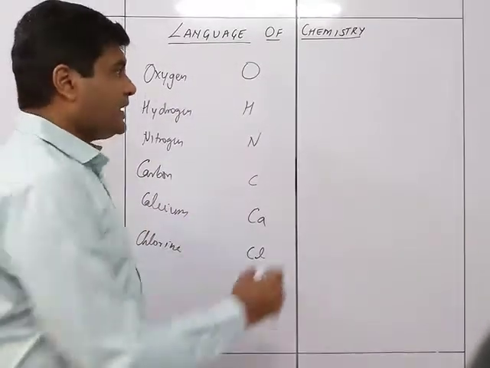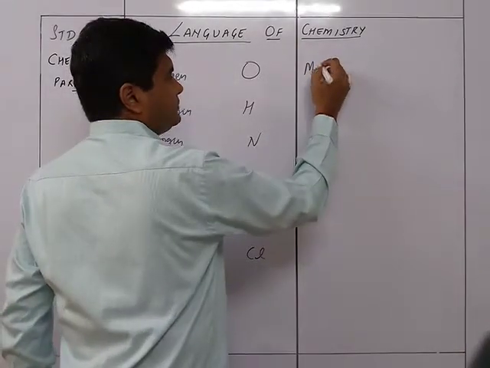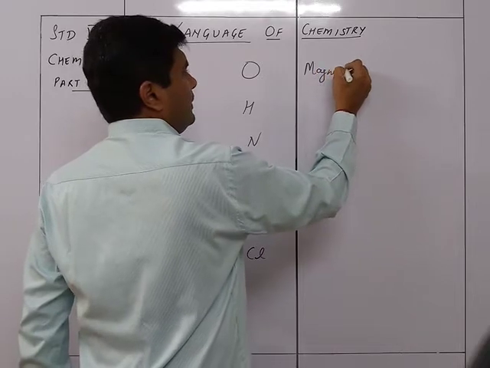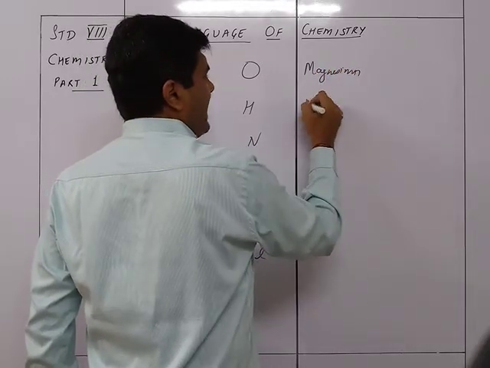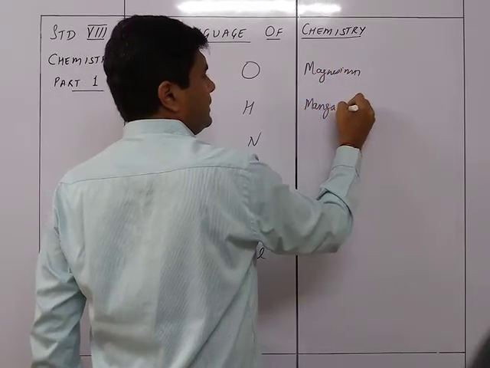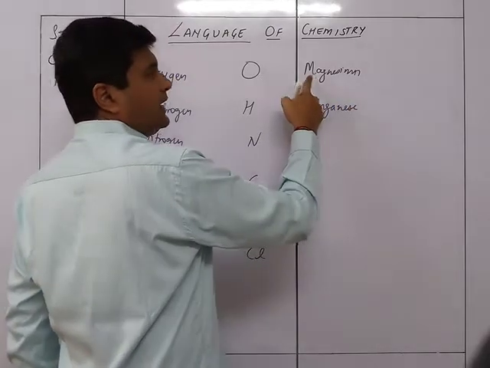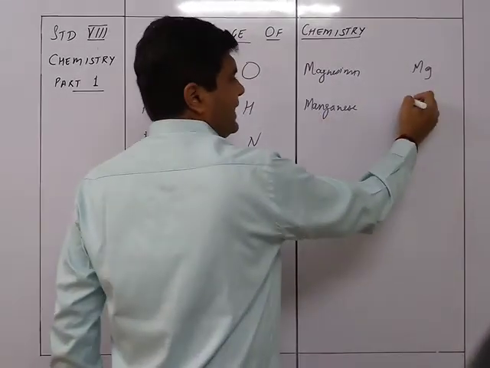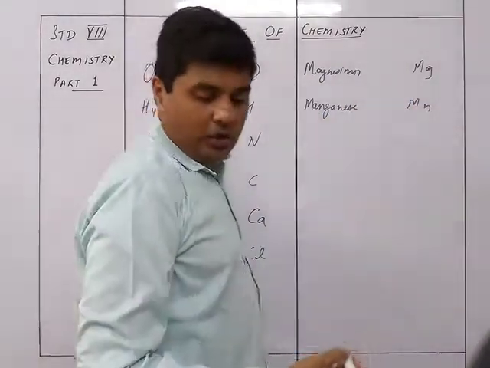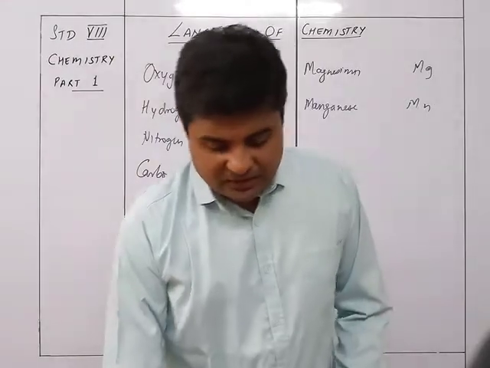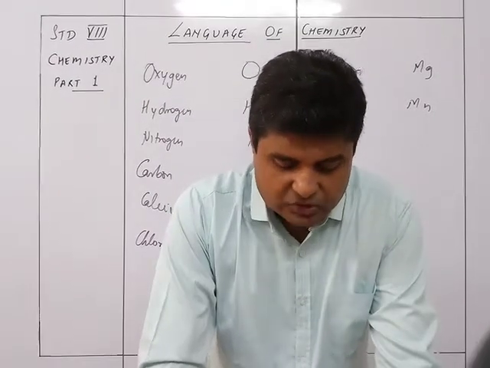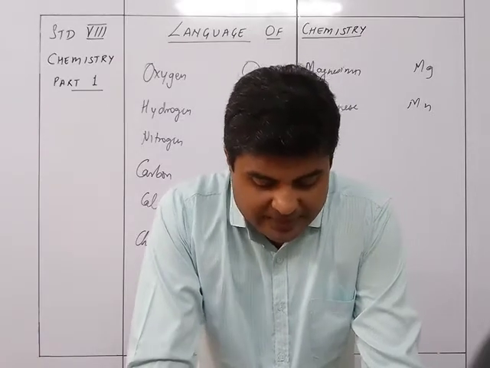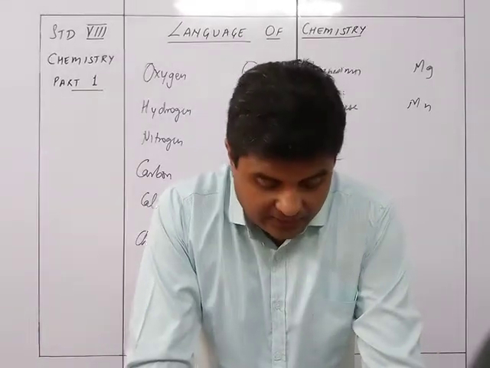Similarly, if I am taking magnesium and manganese, here mag is common, so it is Mg, and manganese, so it is Mn. So this way the first two letters of the names of the elements were taken as a symbol. So calcium is Ca, a method approved since many symbols could be written accordingly.